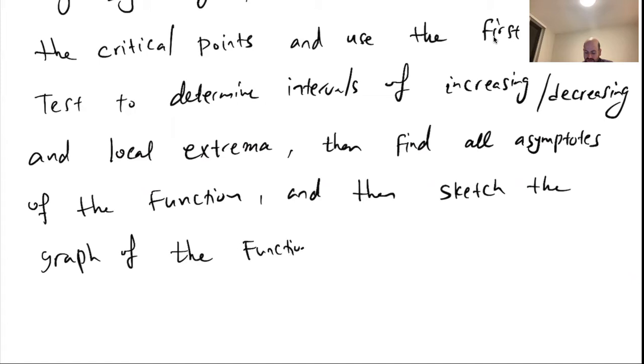So normally we don't need the second derivative or inflection points. You can use the second derivative or find inflection points only if the question asks you to do that. Otherwise, you don't need to do that.